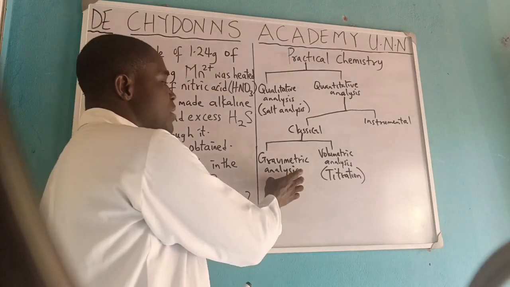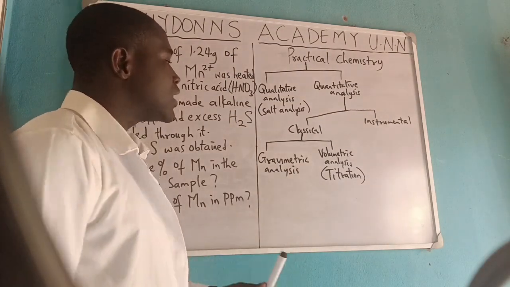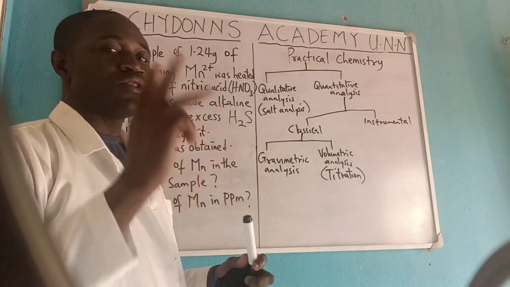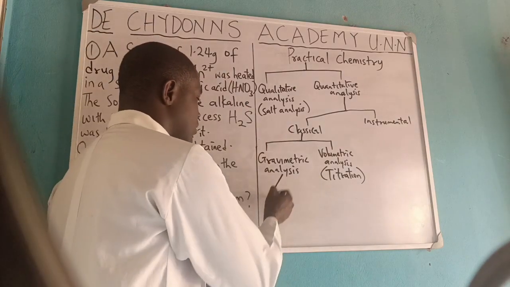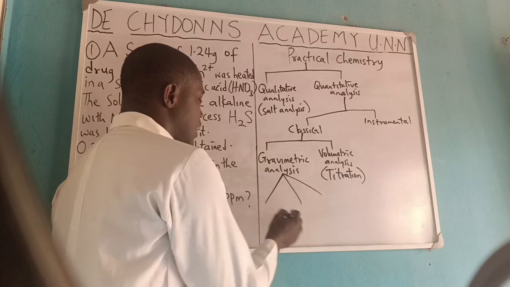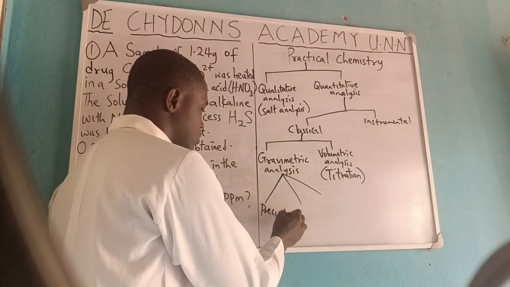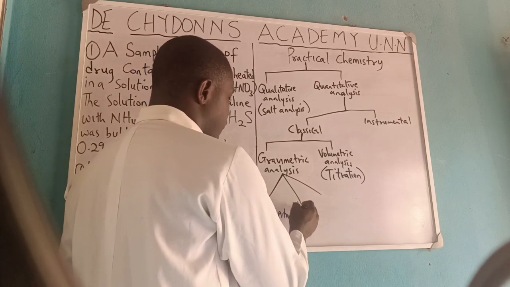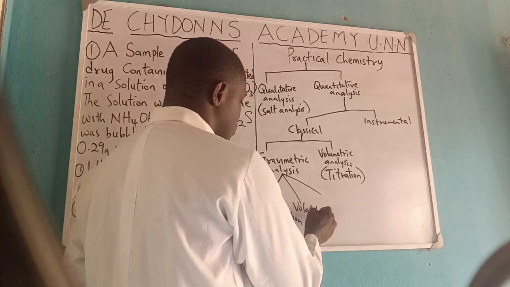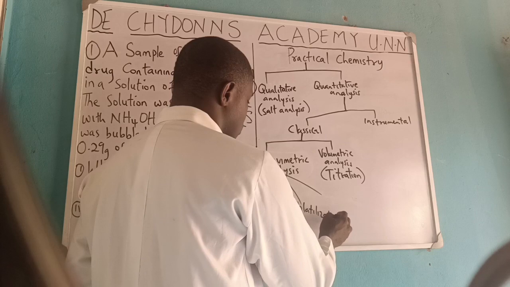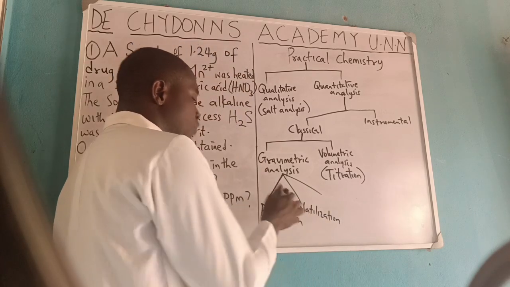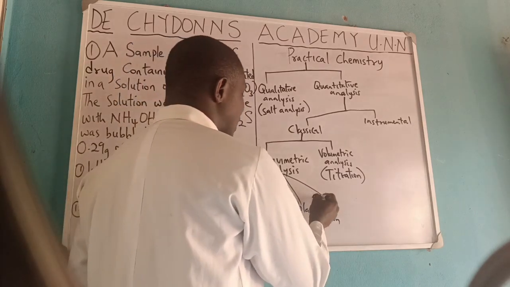Now, this gravimetric analysis is further divided into three: precipitation, volatilization, and electrogravimetric.